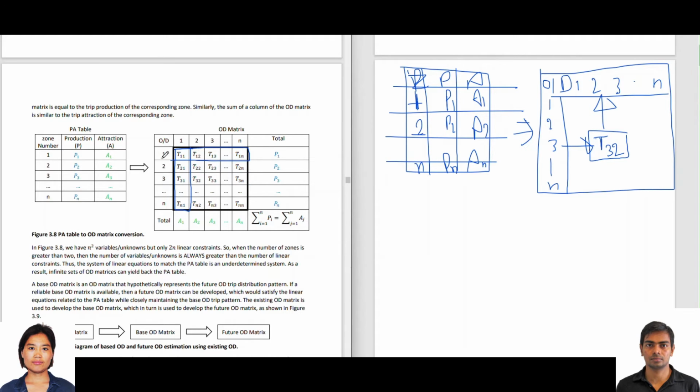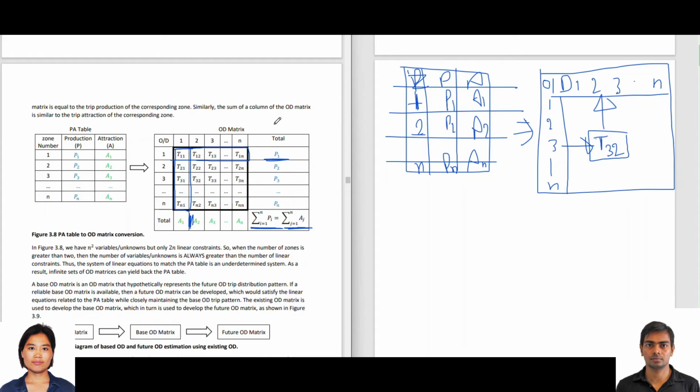T12 is the total number of vehicles generated at zone 1 going to zone 2, then generated at zone 1 going to zone 3, zone 1 to zone N. So if you sum it up, it needs to equal the total number of trips generated. Similarly for the total number of trips attracted. And when we sum it up, the total number of trips generated and attracted needs to be equal, by the property of a balanced PA table.